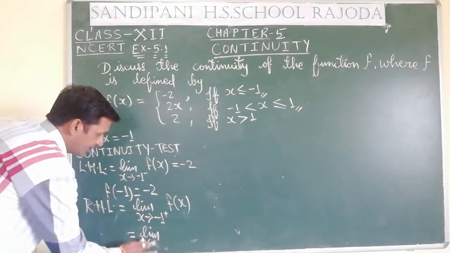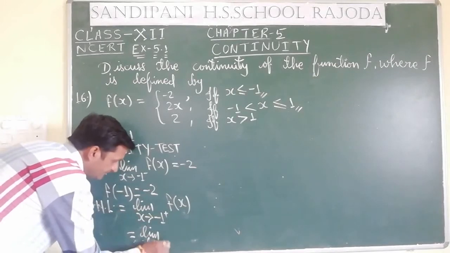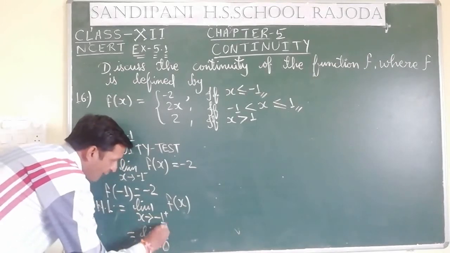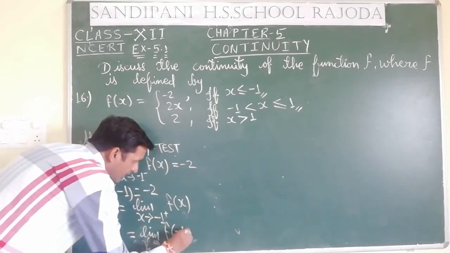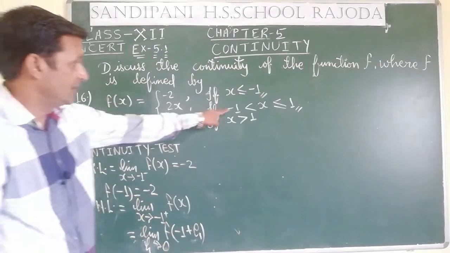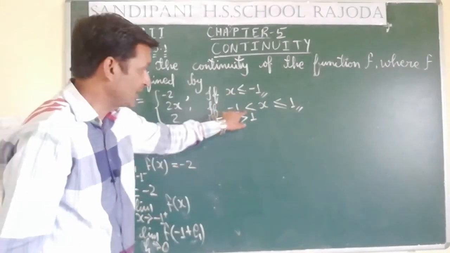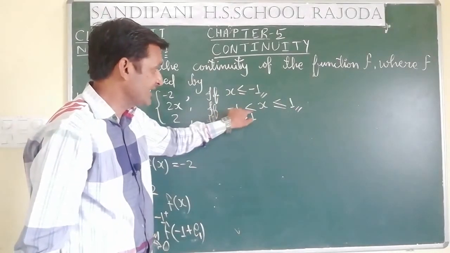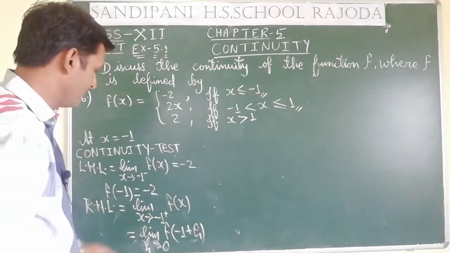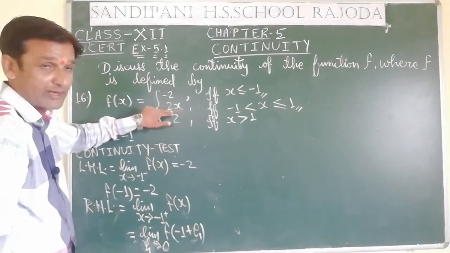So, limit h tends to 0, f of minus 1 plus h, because it is the RHL part, x is greater than minus 1, minus 1 is less than x, both are one and the same thing, means RHL will be applicable in this part of the function which is 2x.